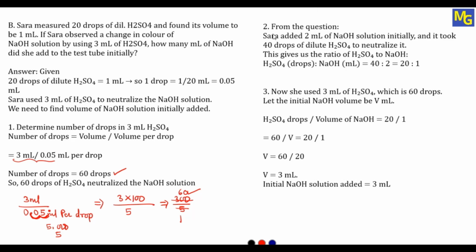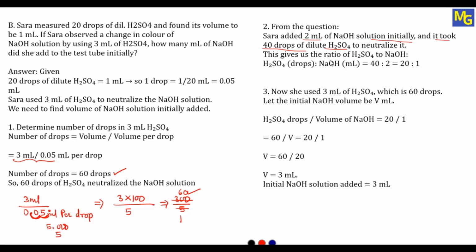So see the second step from the question. Now see what is the question. Sarah added 2 ml of NaOH solution initially, and it took 40 drops of dilute H2SO4. We have seen in the question. Sarah added 2 ml of NaOH and to neutralize that we took 40 drops of H2SO4.